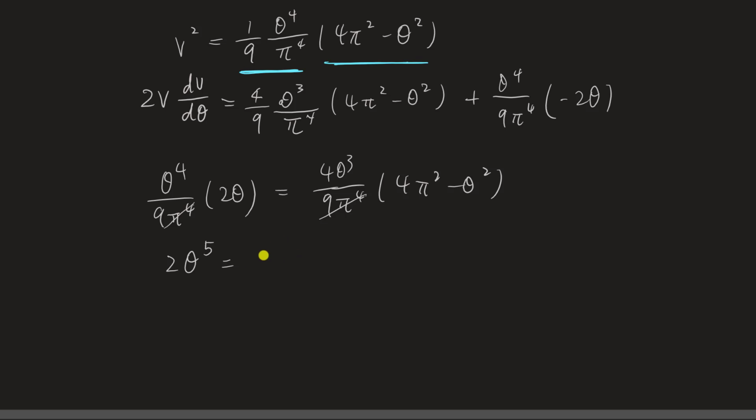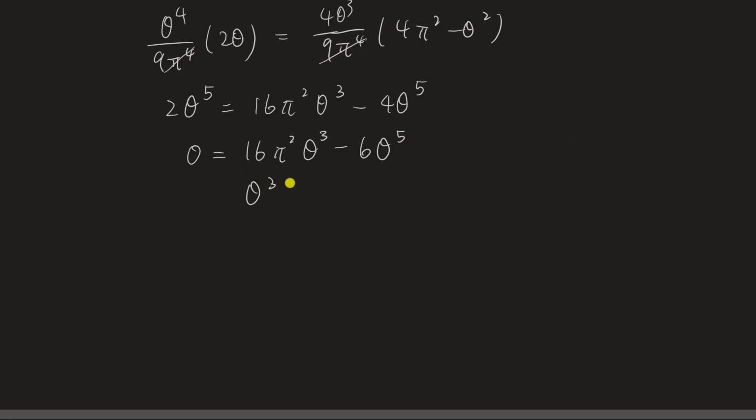This will become 2 theta to the power 5 equals 4 theta to the power 3, times 4 pi squared minus theta squared, so 16 pi squared theta to the power 3 minus 4 theta to the power 5. Bring this over, I will get 0 equals 16 pi squared theta cubed minus 6 theta to the power 5.